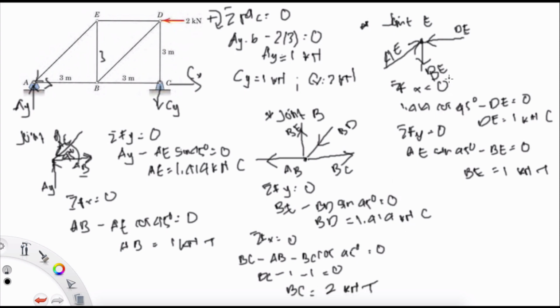Now we have found the joint E and the joint B, and the B and D have been done, so the last one is the joint C, which is the easiest one because all of that is in the opposite.